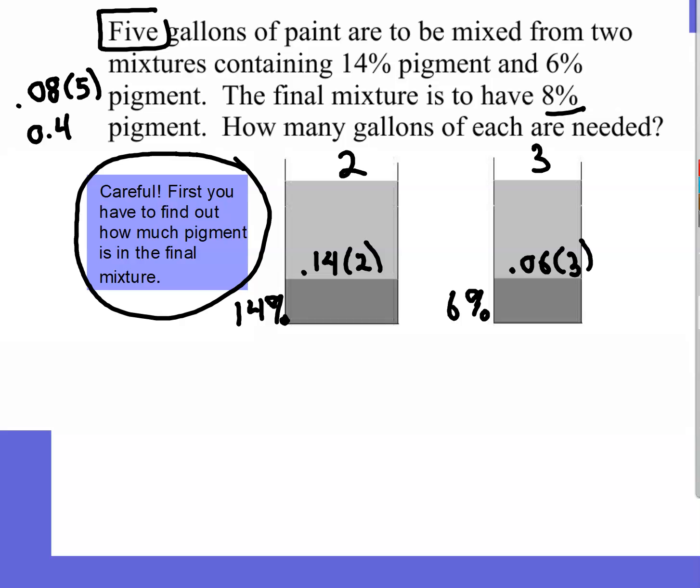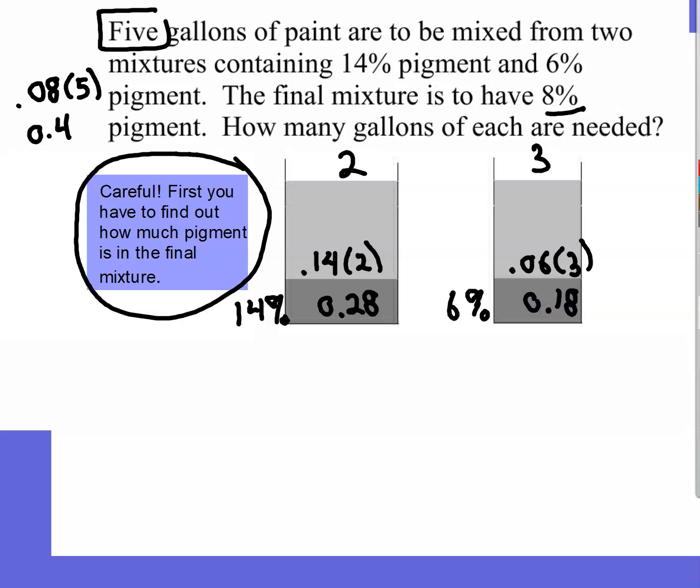So 14% of 2 is 0.28. 6%, kind of embarrassing to use a calculator here because I should know it. I want to make sure I get the decimal point in the right place. Is 0.18.